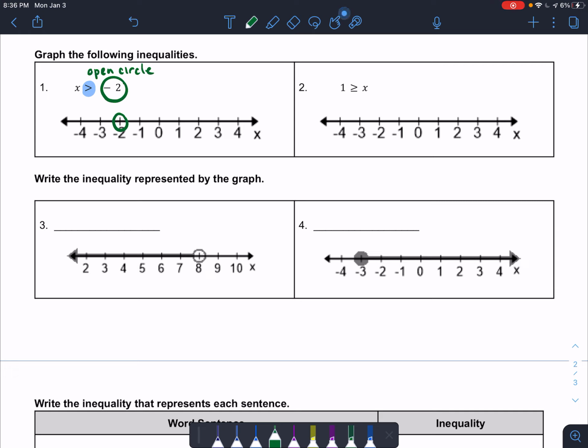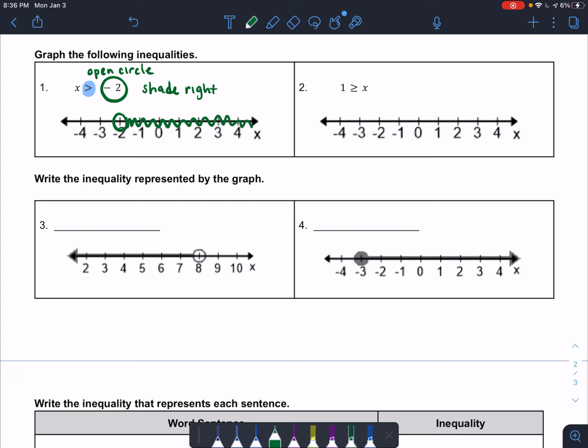It's not greater than or equal to, it's just greater than. So it can't be -2, which means I have to leave it open. Now I do know that it says x is greater than -2, so I am going to shade to the right. And so I would shade something like that.